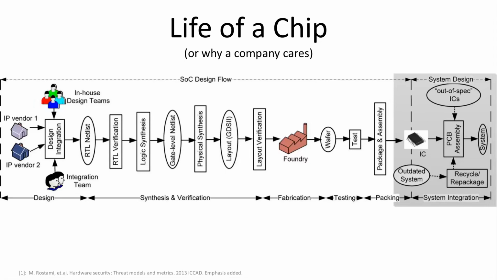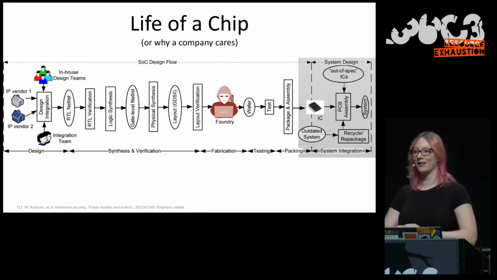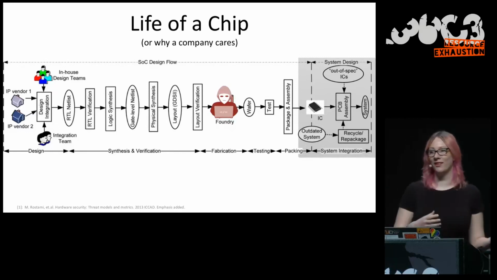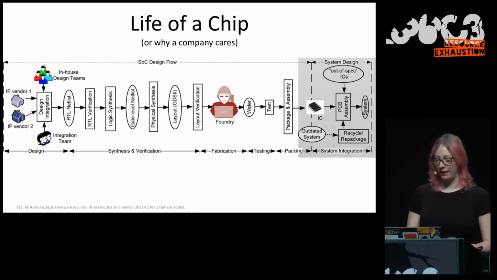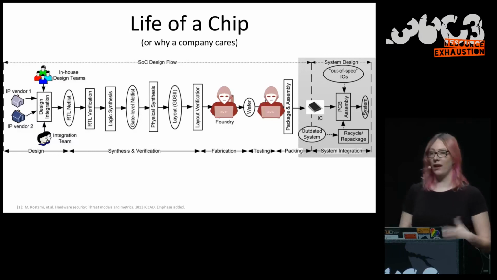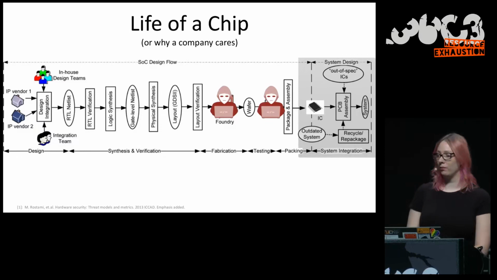Why do we care about reverse engineering? Well, what is a company worried about when it comes to chips? They don't want the foundry stealing their design, so the foundry goes, cool, thanks for your design. I'll produce the 2 million you wanted. I'll also produce 20 million that I can sell, so that's pretty cool. They don't want that happening. They also don't want out-of-spec or badly tested chips to be going anywhere.